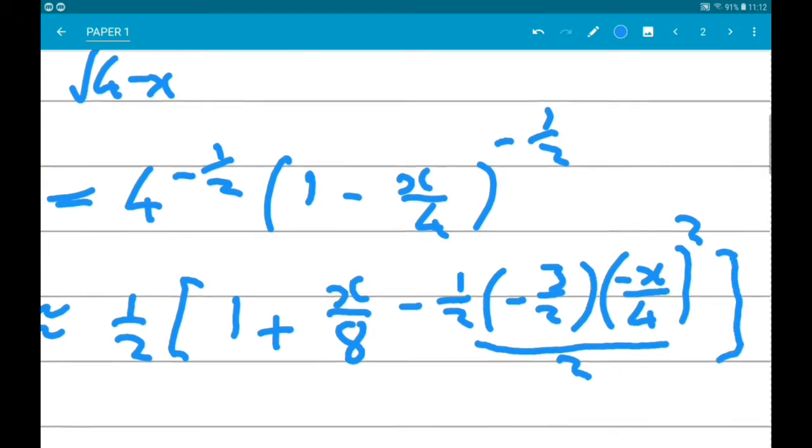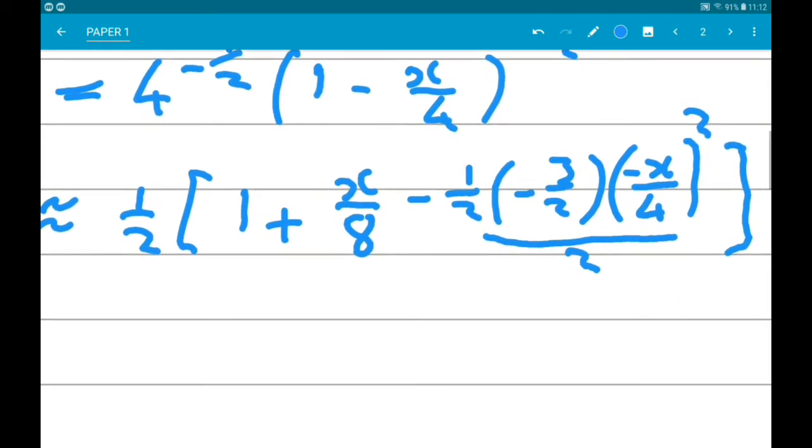Okay, so we have 1/2 times 1 add x over 8.